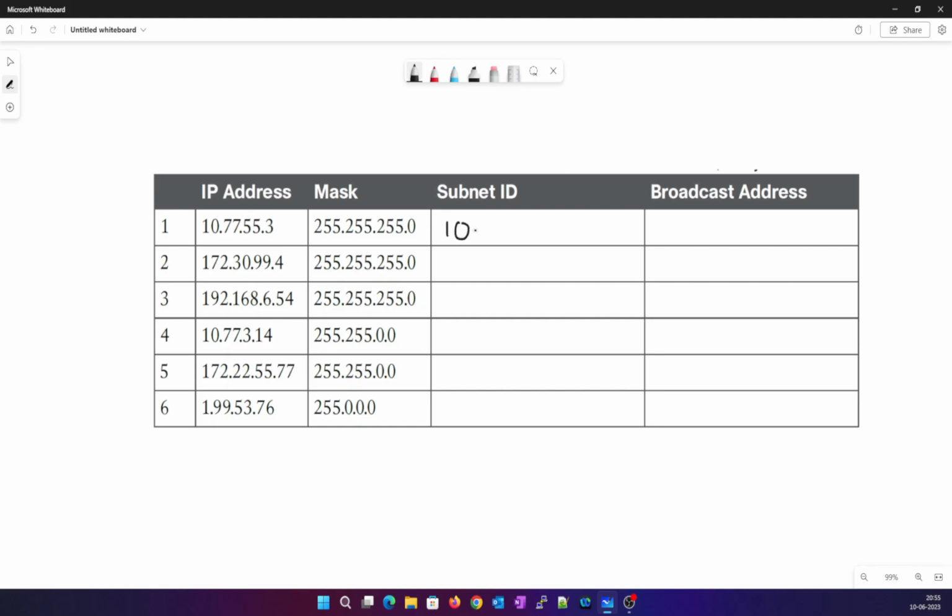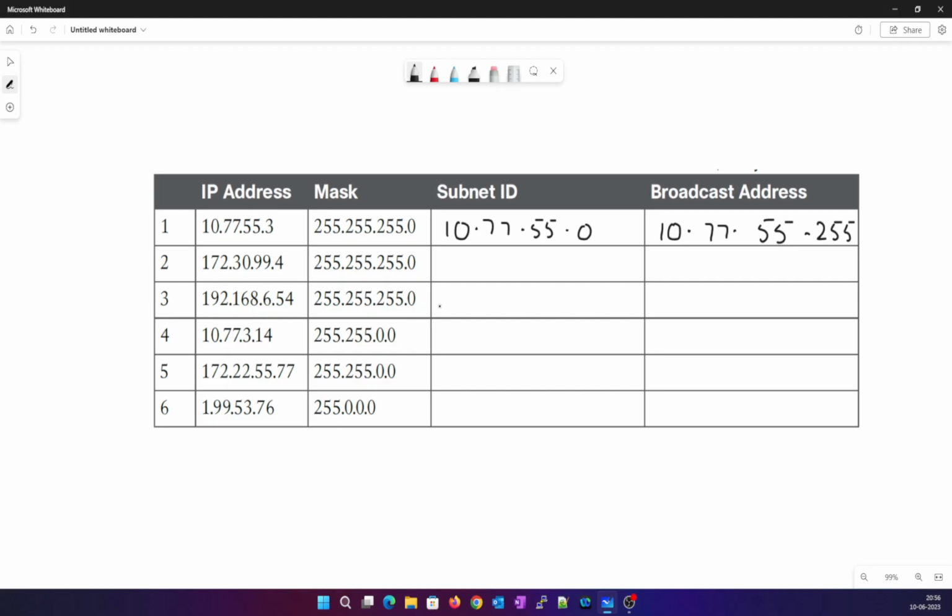So that is 10.77.55.0. This becomes your subnet ID. Now, all you need to do is change this 0 to 255, and that becomes your broadcast address, 10.77.55.255.